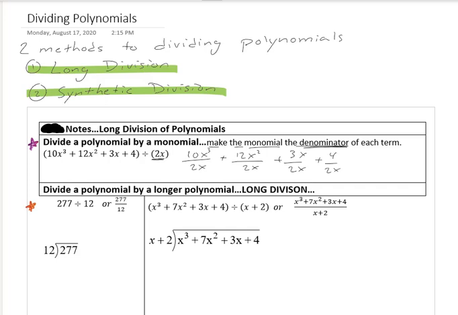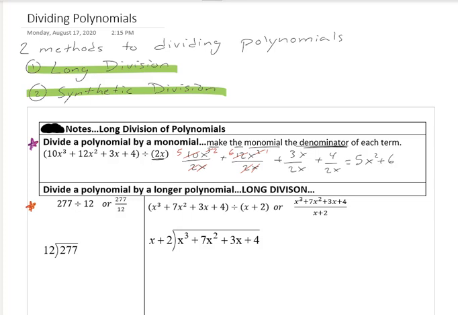And now we reduce. This x can cancel with this to give me a 2 here. 2 can cancel with a 10 to give me a 5. So that leaves me with 5x squared. Then the next one, x with this just leaves me with 1 here. 2 with a 12 gives me a 6.